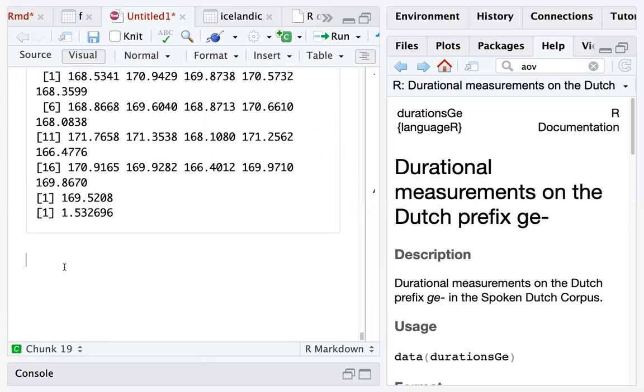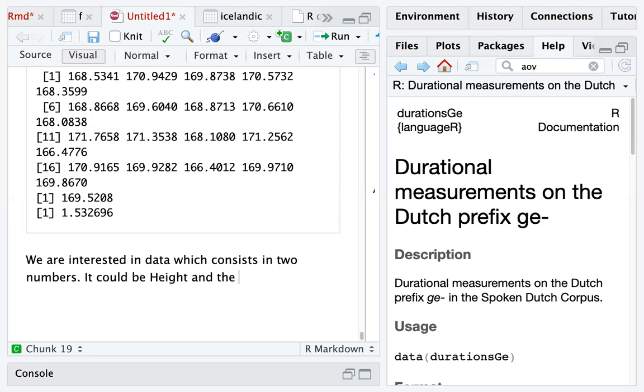Now we are interested in data which consists of two numbers. It could be, for instance, the height and the weight of people, or like the income and the height.